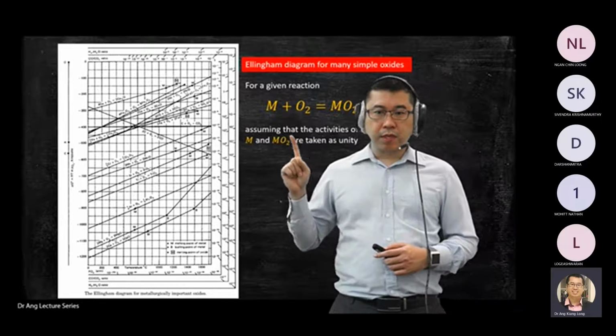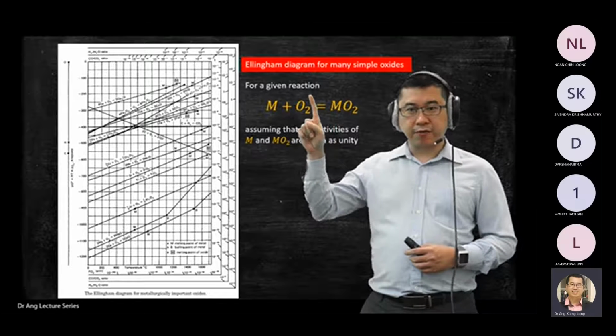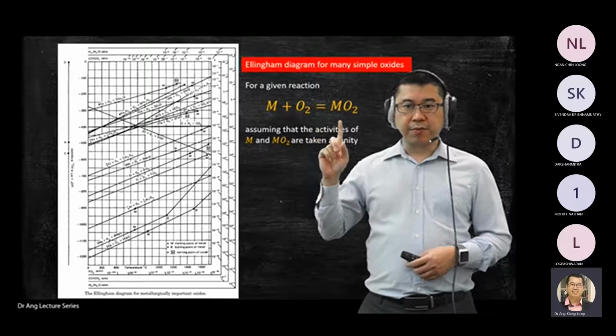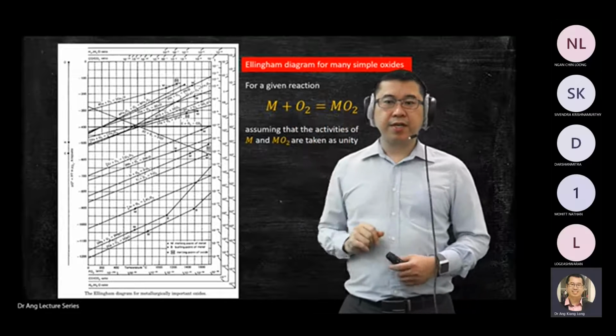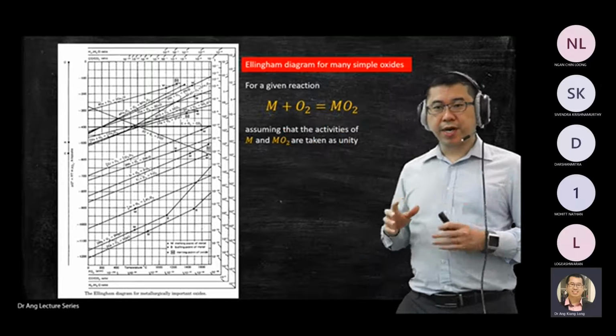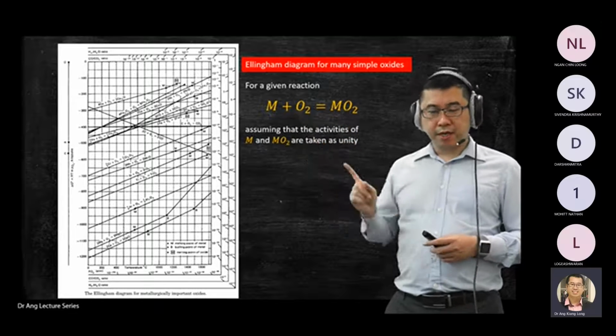So we are assuming, because you know that when the metal and oxygen mix, there are lots of positive charge, negative charge processes. But we straight away use a very generalized equation where we just take metals plus oxygen, we get oxide.